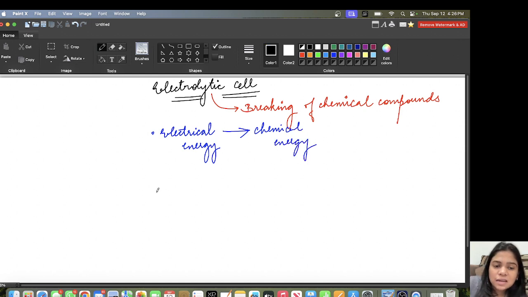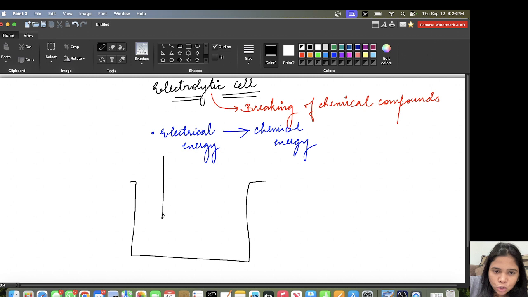And how does your cell look like? Your cell will look something like this. It's a container having two electrodes. One is your anode and the other one is your cathode.